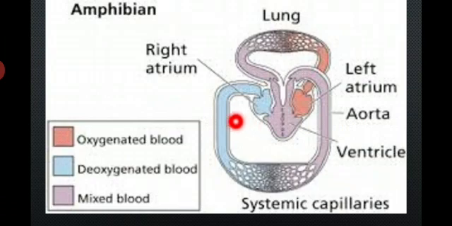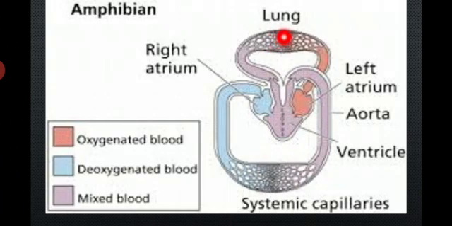So next we move to see this amphibian group. The circulatory system of a frog has a double loop system. Okay, double loop system. So the double loop system means the blood goes back to the heart. This is a right side atrium, this is a left side atrium, this is a ventricle, this is aorta, this also systemic capillaries, this is the lungs region.